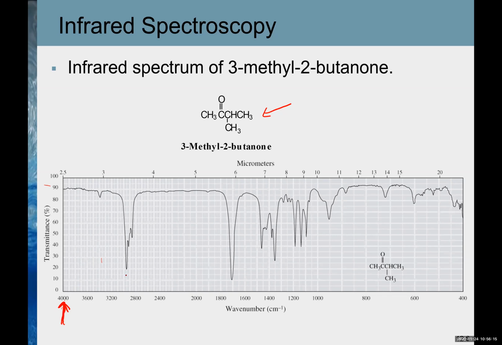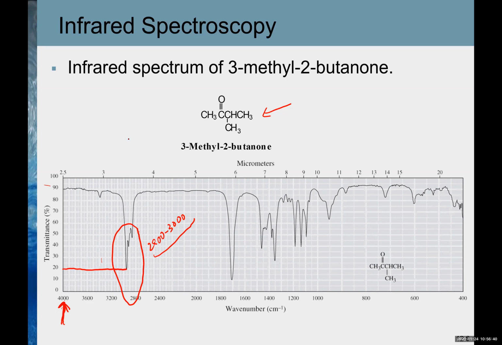So the first main peak is at this level. And in infrared, we always talk about the range. So this is from 2,800 to 3,000. Okay, right? So that's a strong absorption. It's going all the way up to 20. What does it mean?